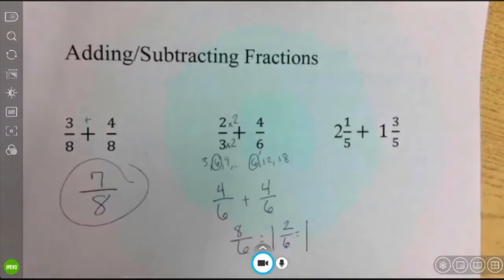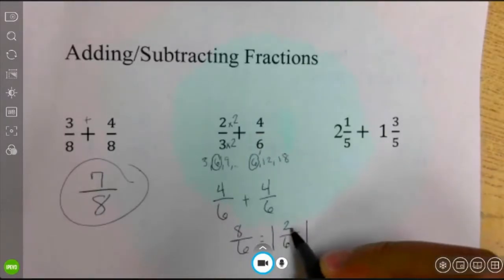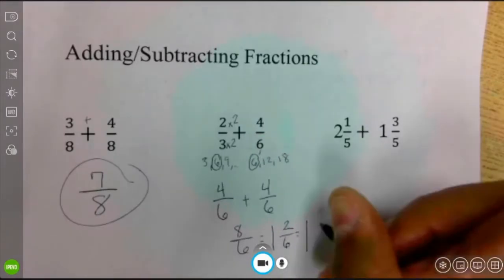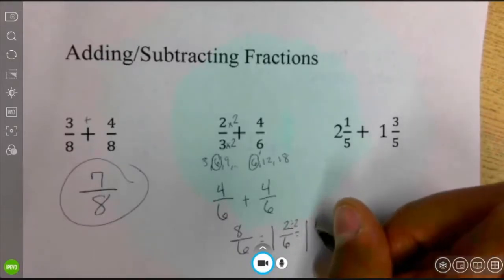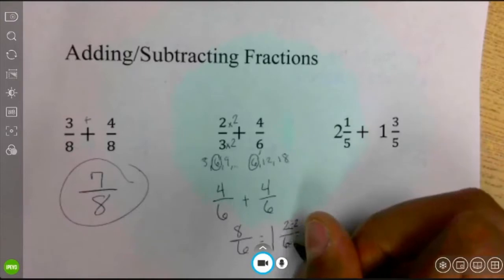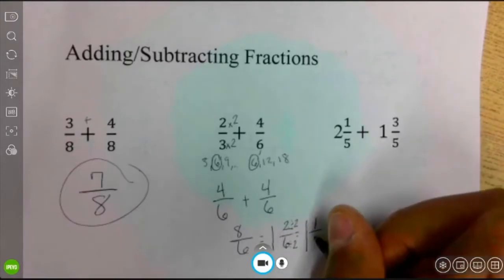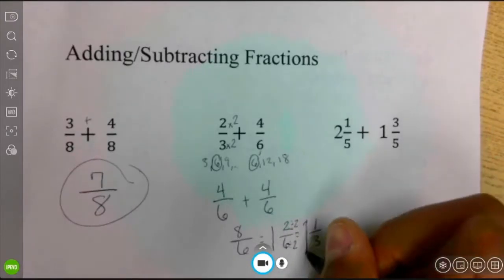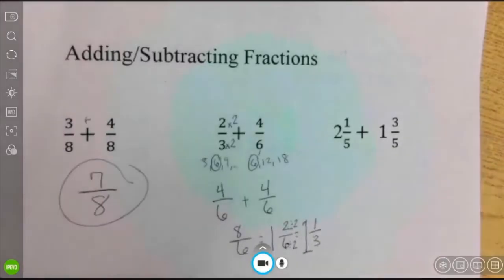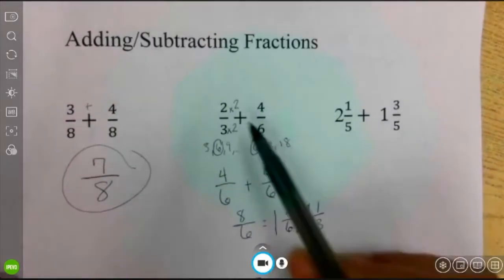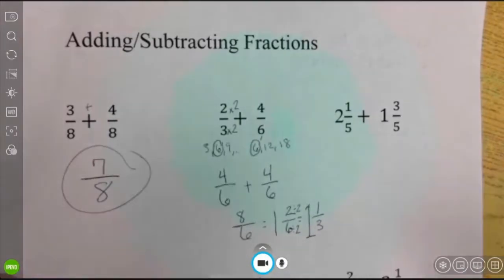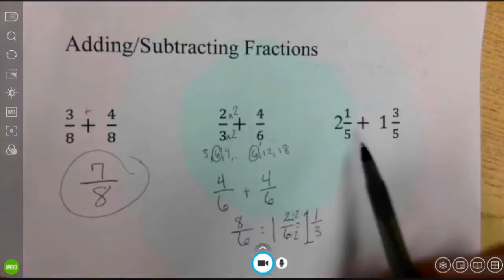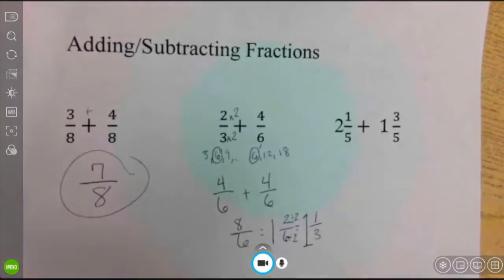So we change that 1 and 2/6 to 1 and 2 divided by 2, which gives me 1. 6 divided by 2 gives me 3. So our answer to this will be 1 1/3 in its most simplified format.